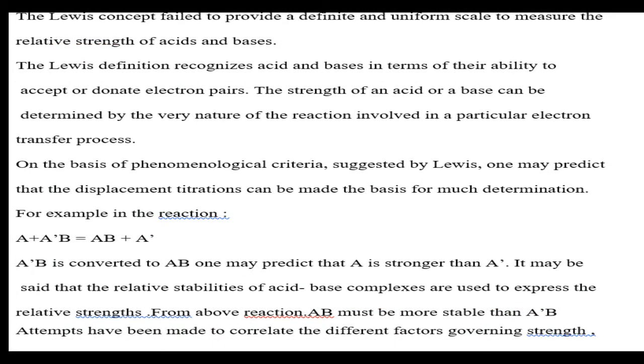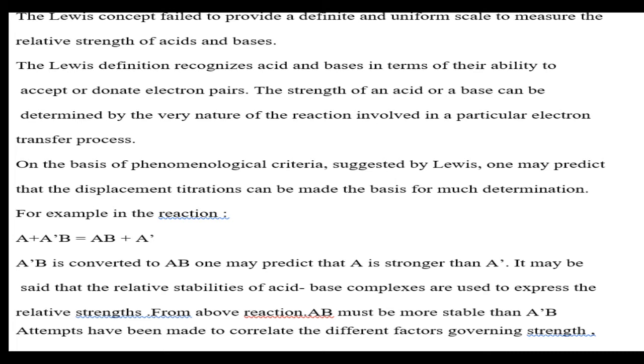The Lewis concept unfortunately failed to provide a definite and uniform scale to measure the relative strengths of acids and bases. The Lewis definition recognizes acids and bases in terms of their ability to accept or donate electron pairs.